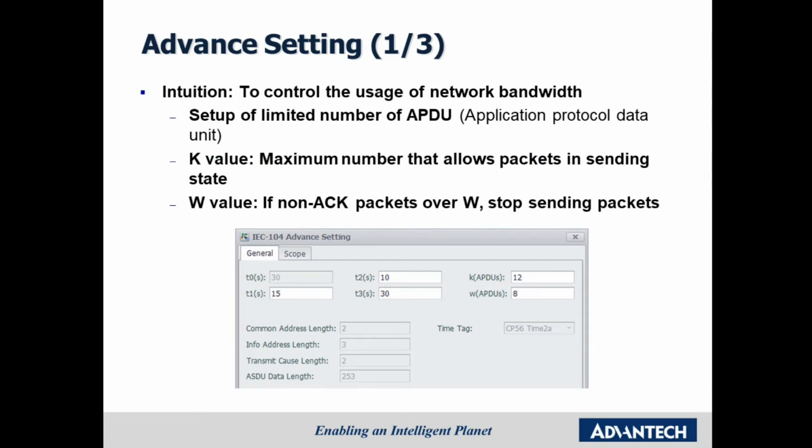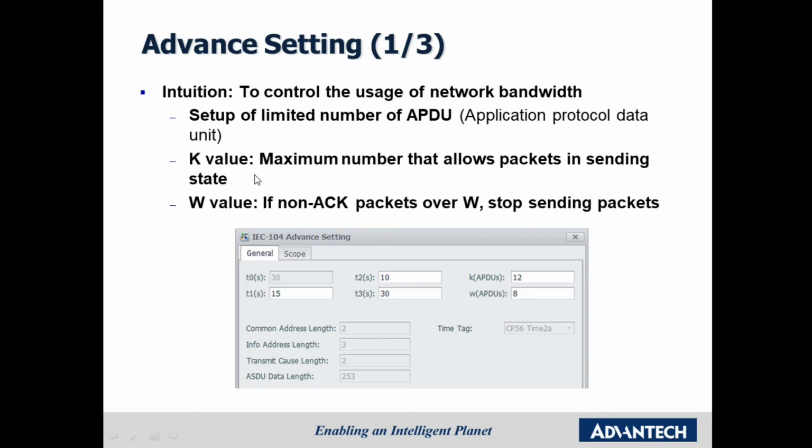There are advanced settings here. The intention is to control the usage of network bandwidth. IEC104 defines the number of APDUs, Application Protocol Data Units, which are controlled by 2 values.